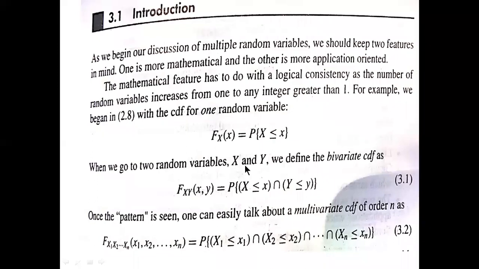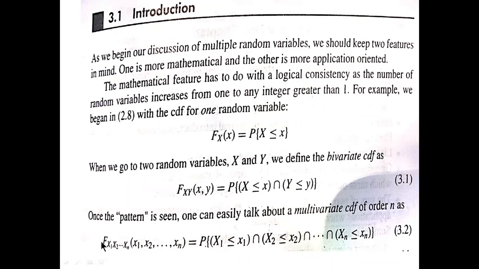So when we go to the two random variables x and y, the bivariate CDF is F of x comma y, the probability of x less than or equal to small x intersection y less than or equal to small y. That is what we consider for the two-variable CDF, or bivariate CDF.